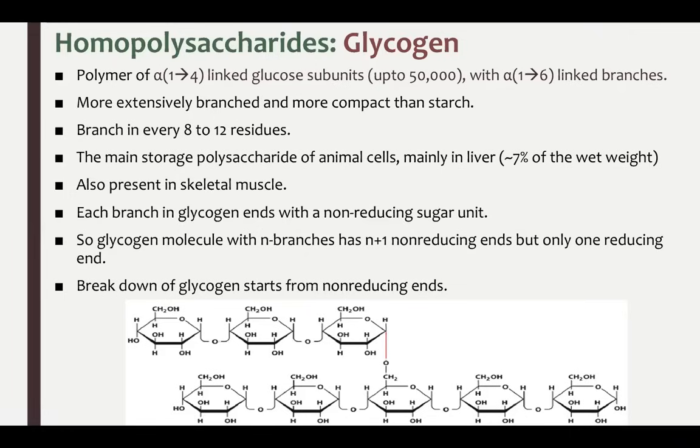This process is called glycogenolysis. We will read about this in the metabolism part: in glycogenolysis, glycogen is broken down into glucose to serve as energy. When glycogen starts to break down, it starts from the non-reducing part.